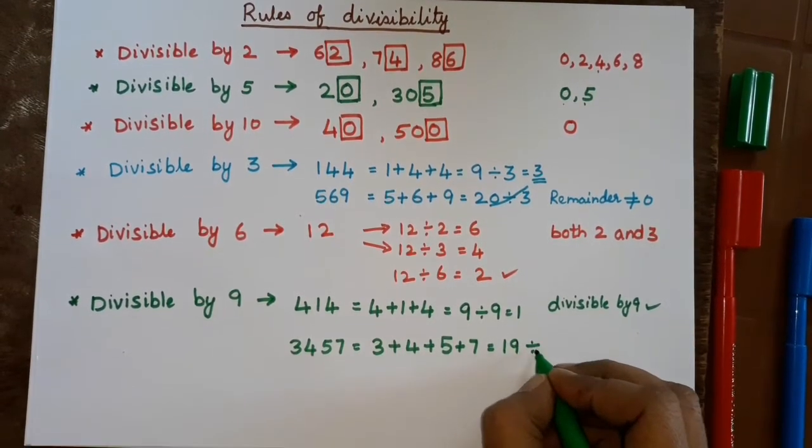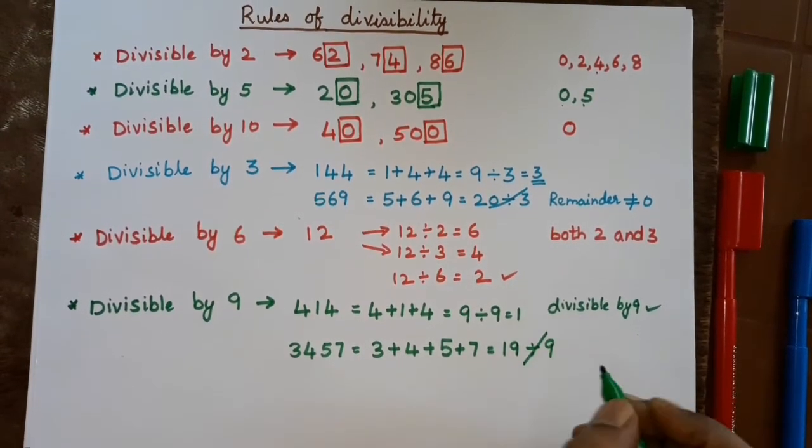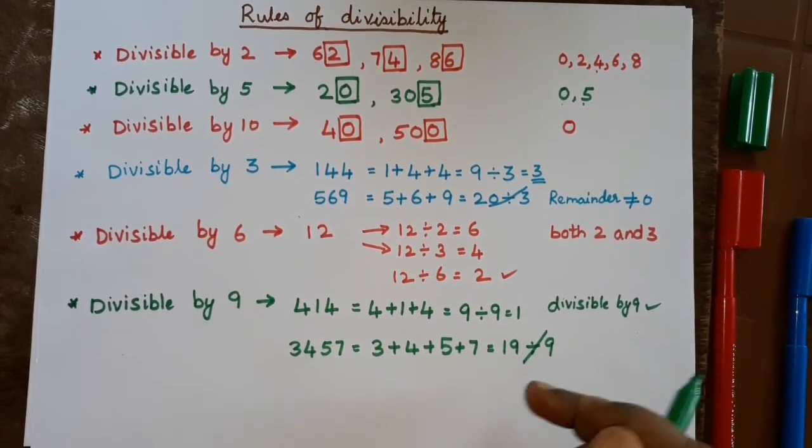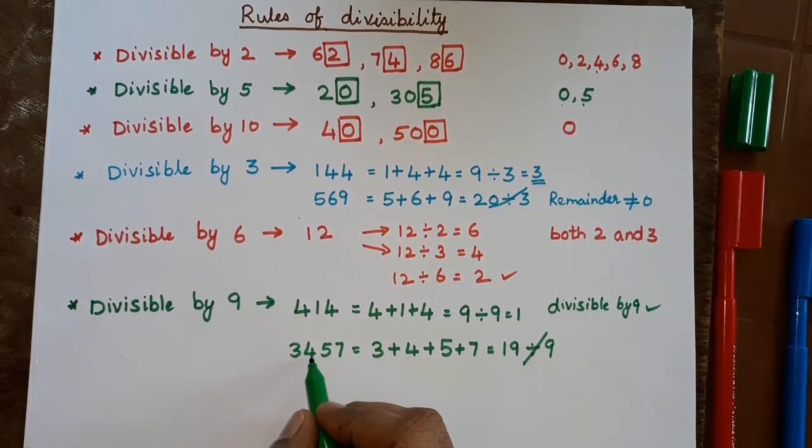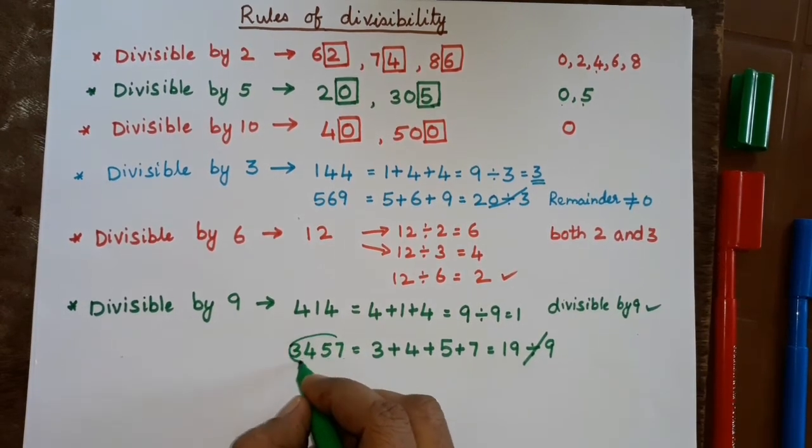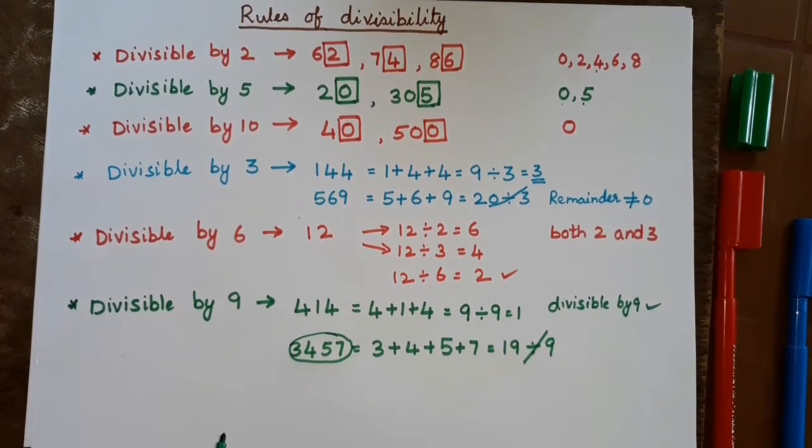Is it divisible by 9? No, remainder is not equal to 0. So 3457 is not divisible by 9. Hope you understood this.